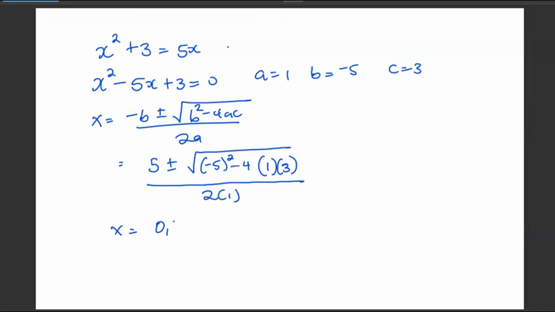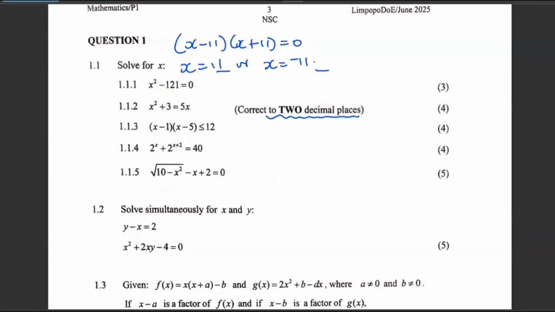And the other x is 4.30. So that is what I'm getting for 1.1.2.